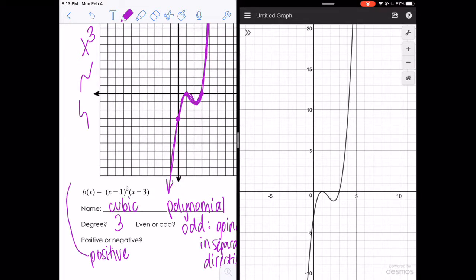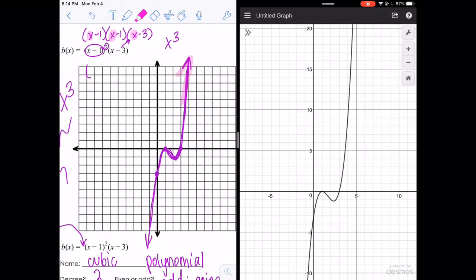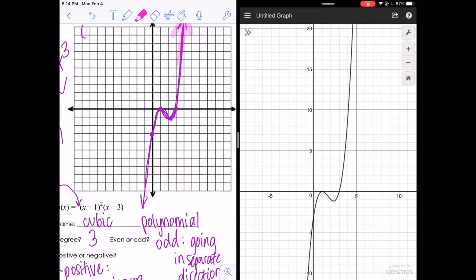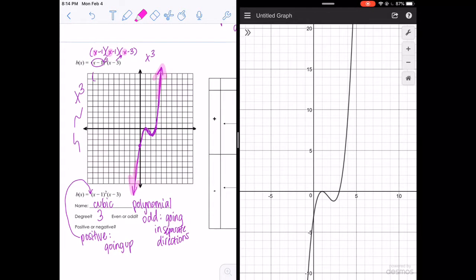There is not a negative in front here, so it's positive, which means that it's going up. Just like our last one was going up, we can see that in this graph, it's going up this way, and this one starts in the opposite direction. So that's pretty much it, y'all. It's like an art project a little bit.